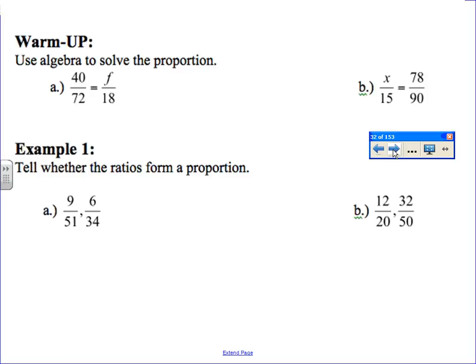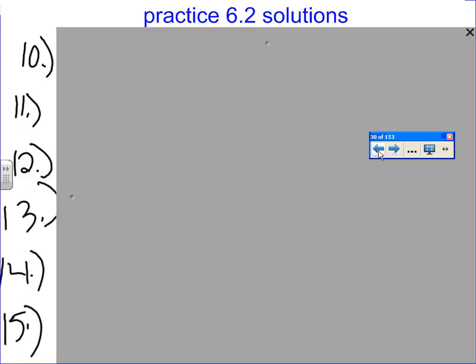Hey, where'd number 1 go? Oh, yeah, thank you. That's why. Okay, practice 6.2. Thanks, Steve. All right, Joseph, we'll start with you. What did you get for number 10? Good, 35. Steve, number 11? Close. Camille? Good, 88. Number 12, Kevin? Good. Number 13, Skylar? Did you say 5?